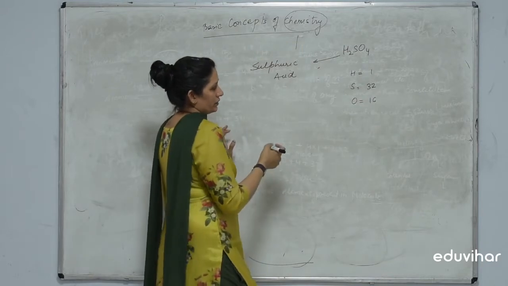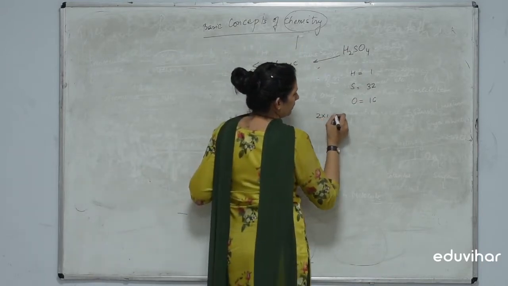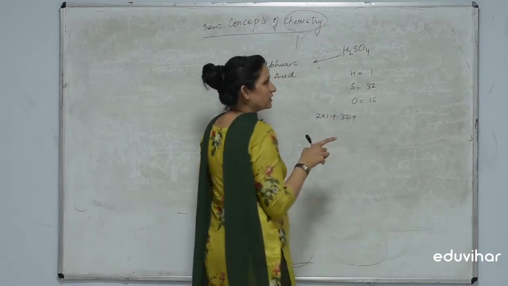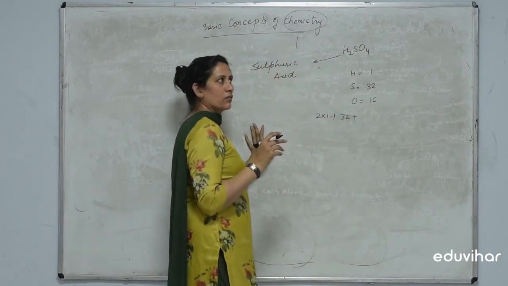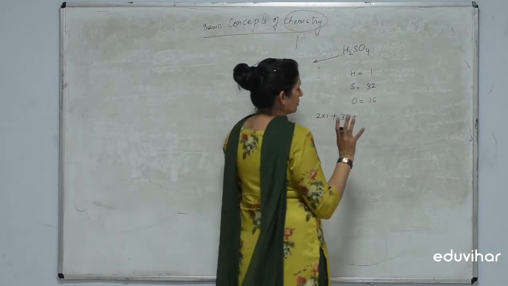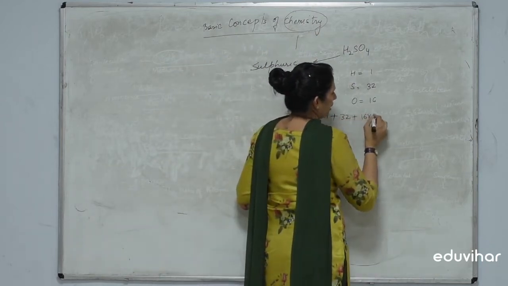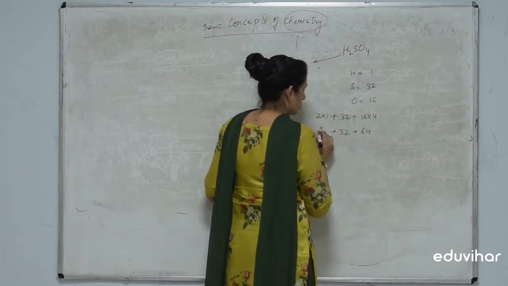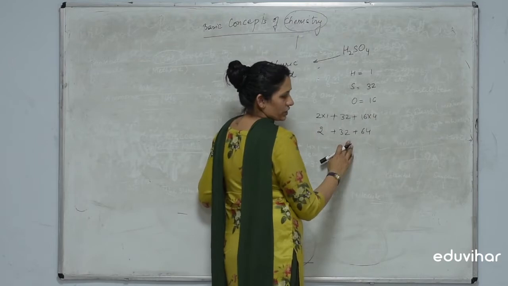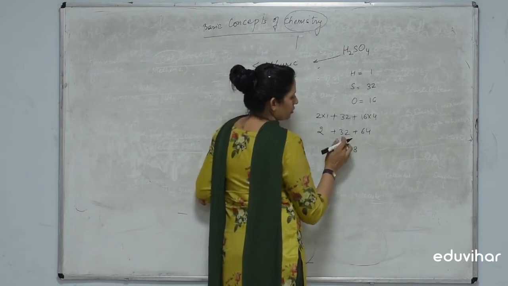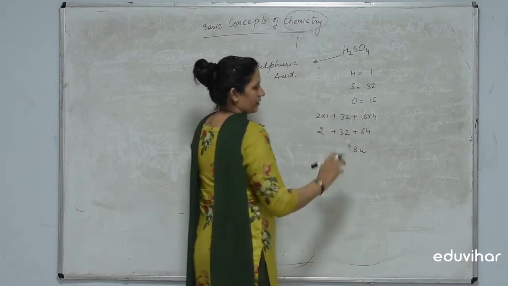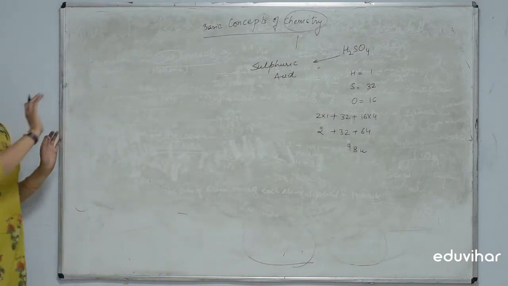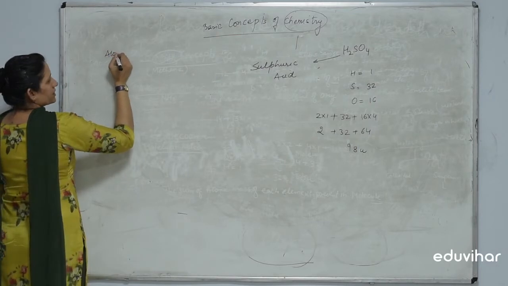Then can we calculate? Yes. 2 multiplied by 1, plus sulfur with atomic mass 32, plus oxygen with atomic mass 16 multiplied by 4, which is 64. 2 plus 32 plus 64 is 98. Is it clear? This is the molecular mass. We calculated atomic mass.